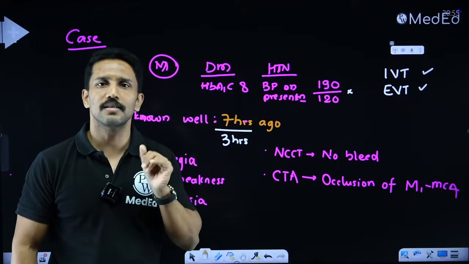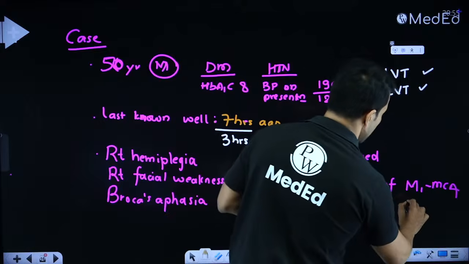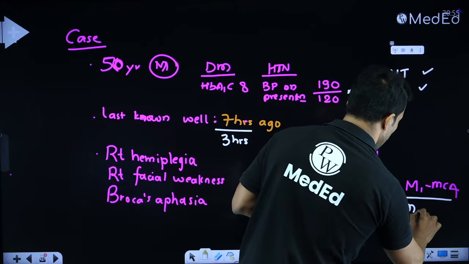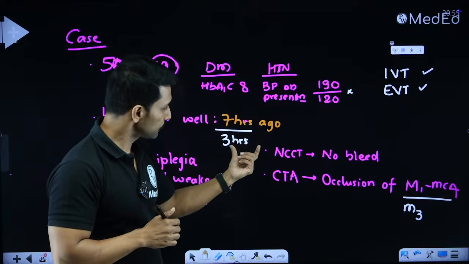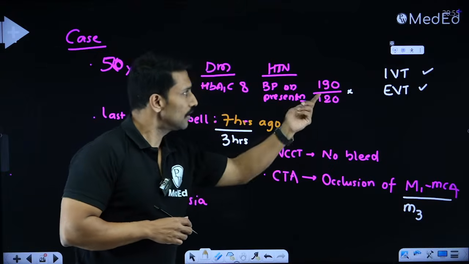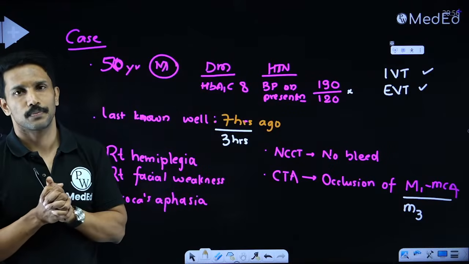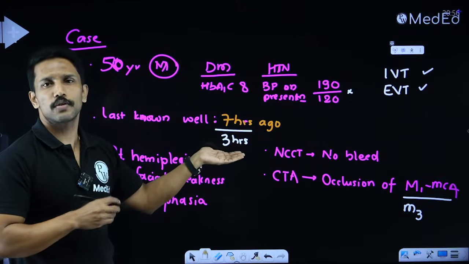Okay, let us change the scenario again. The same story, but instead of the M1 segment of MCA, occlusion is there in the M3 segment of MCA. 3 hours, but M3 segment occlusion and rest of the things are same. So from the point of view of IVT, he is still eligible within 4.5 hours window period.